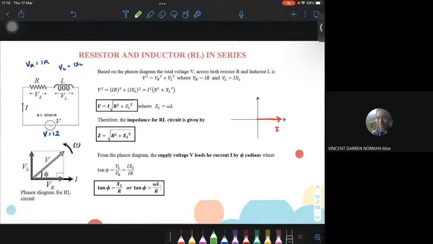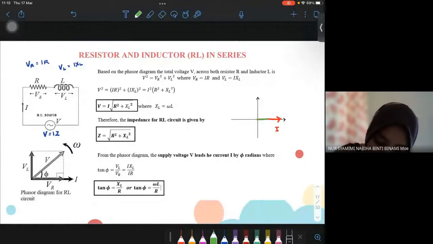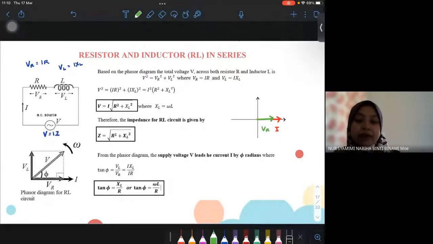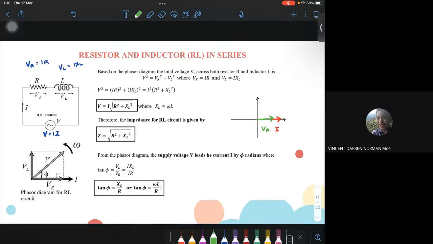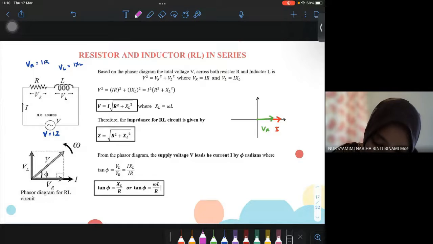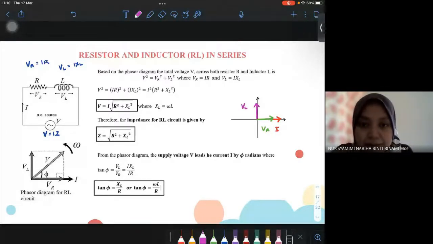In phase with current, very good. So VR akan berada di atas current. And we have one more, VL. VL akan berada di mana? Positive cos. Good. Kenapa VL positive cos? Sebab VL akan lead I by pi over 2.